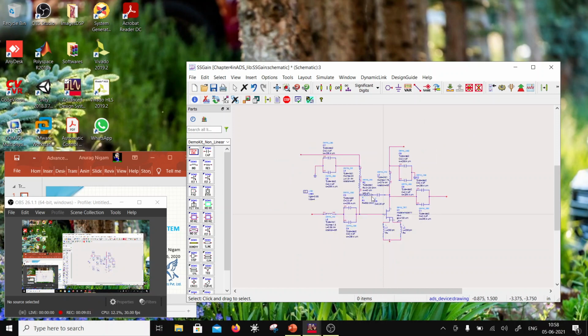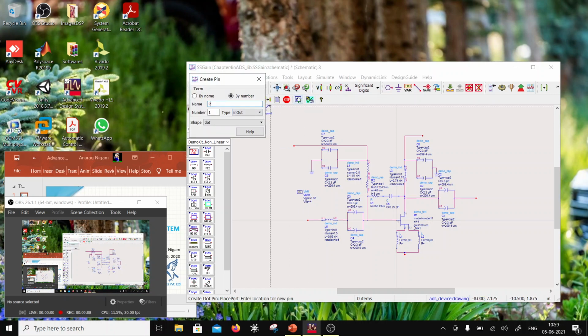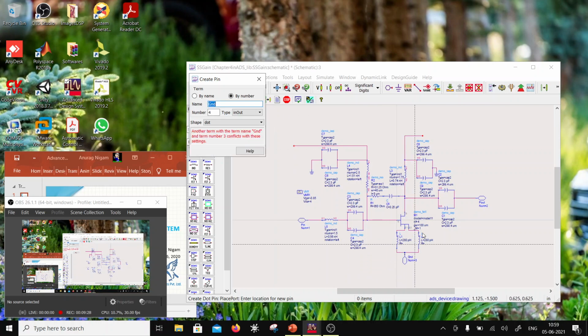Okay, so now this circuit which is left, I can add pins. So I can add P in, I can add P out, I can add ground, I can add VDD, VD, and to remind me, it is a 4 volt.